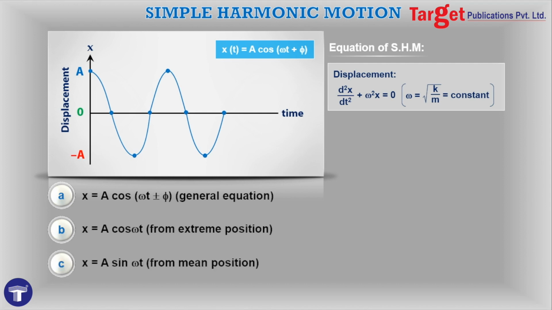Similarly, if the particle begins from the mean position, then this equation changes to x = A sin ωt, which means that φ must be π/2. So you see, the equations B and C are special conditions of the equation in A. Under special conditions, we derive the equations B and C from A.